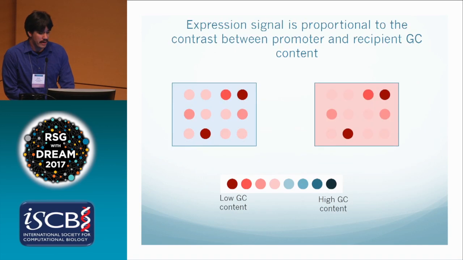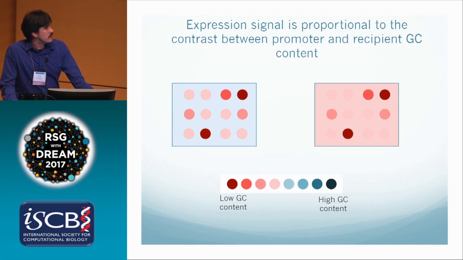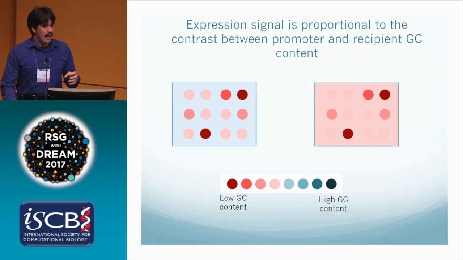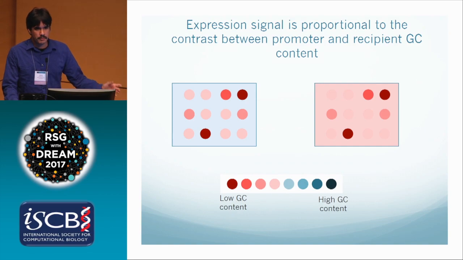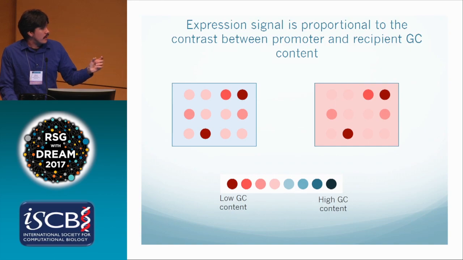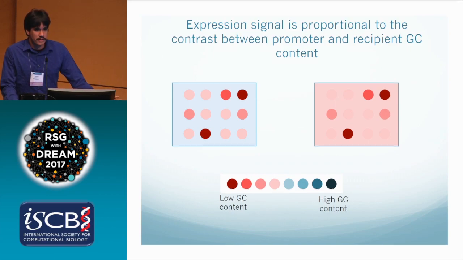So this is the schematic model that we're thinking of to explain what we observe. We imagine that the recipient machinery has to recognize promoters that have a signal compared to the background. You don't want it to pick up a sequence that you could find by chance just in the genome that they have. The sigma 70 motif is a low GC content motif, so it's an AT rich motif. And you can see two backgrounds.